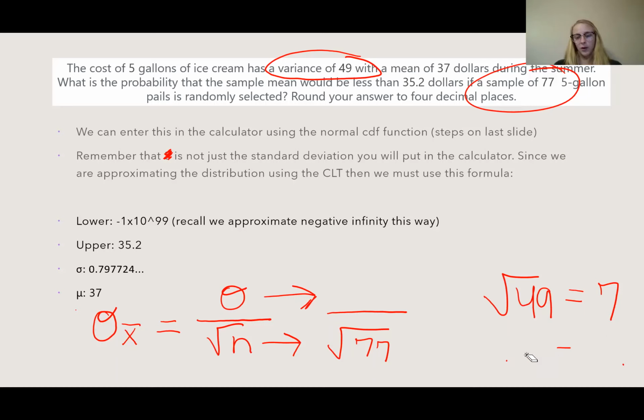If you want to see how that works, if you square 7, your calculator should have a little button key that you can arrow up, or a square exponent, and if you do that, you should get 49. They should be equal to each other. But anyways, in this case, we want the 7 because that is going to be our standard deviation.